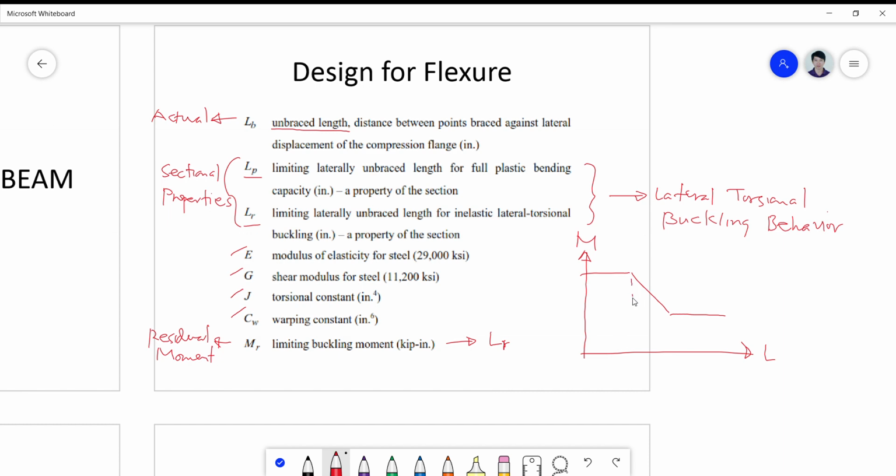The only difference is that the limiting values at points of critical moments here are called Lp and Lr.